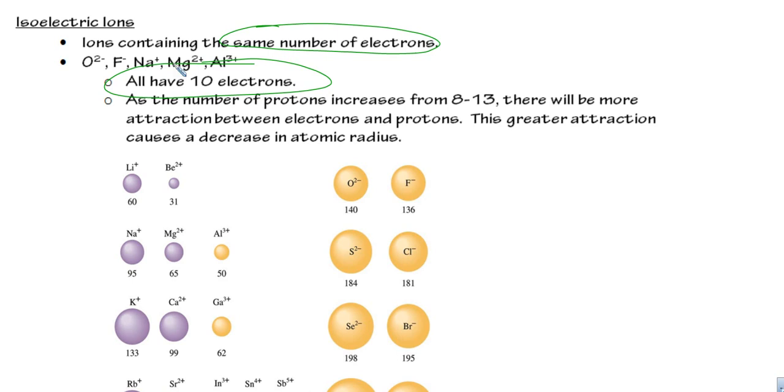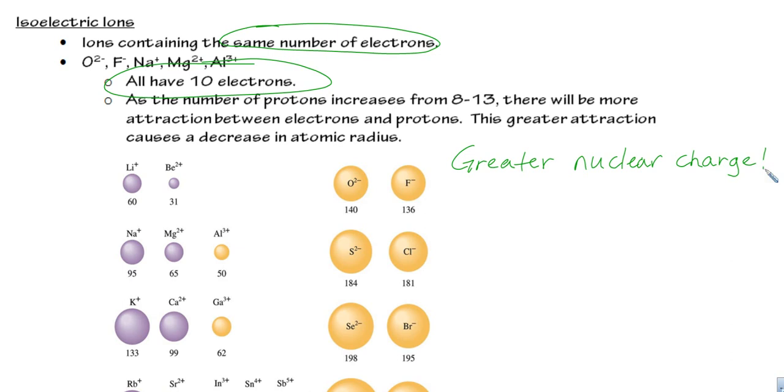So as I'm going from oxygen, number 8, all the way to something like aluminum, number 13, as you add more protons, you get a greater nuclear charge. I told you, become obsessed with this term. Nuclear charge refers to the amount of protons in the nucleus. How positive is the nucleus?